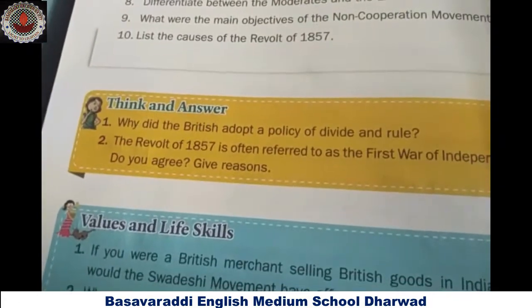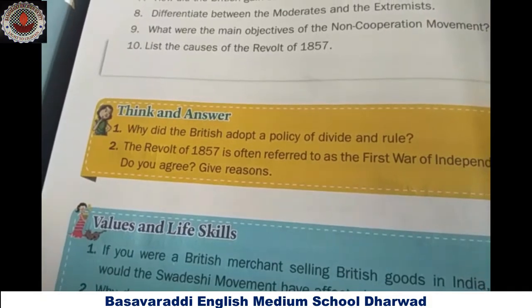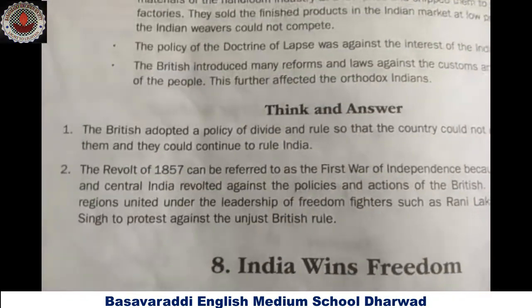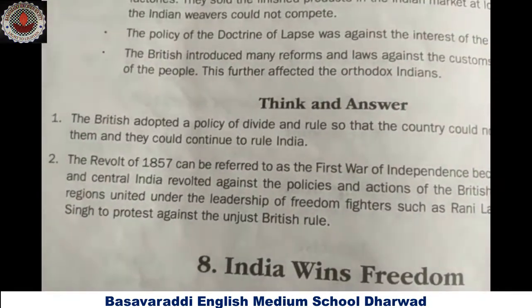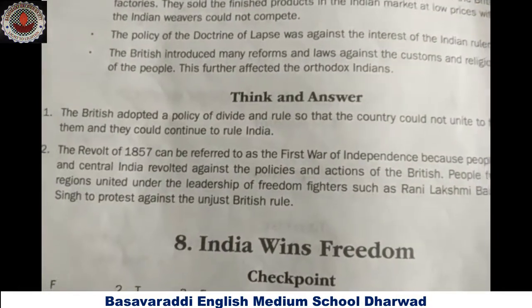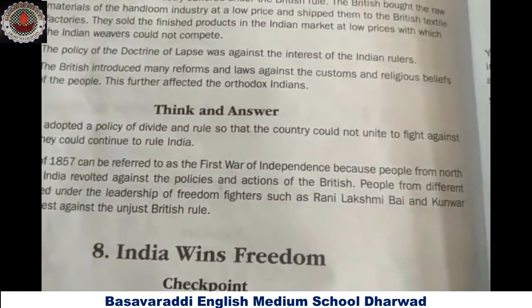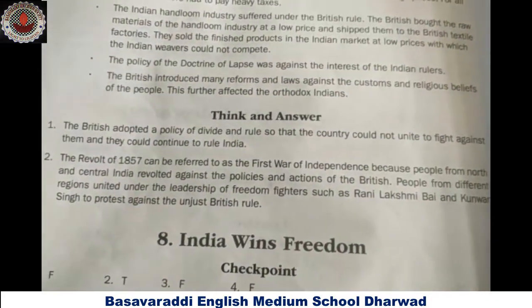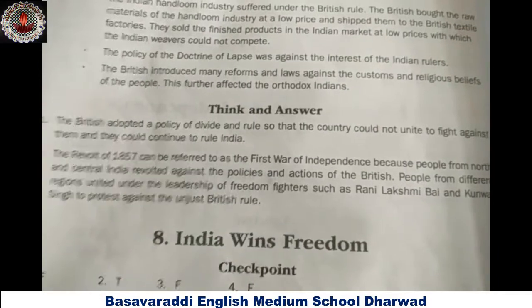Now think and answer. The first question is, why did the British adopt a policy of divide and rule? The British adopted a policy of divide and rule so that the country could not unite to fight against them and they could continue to rule India.